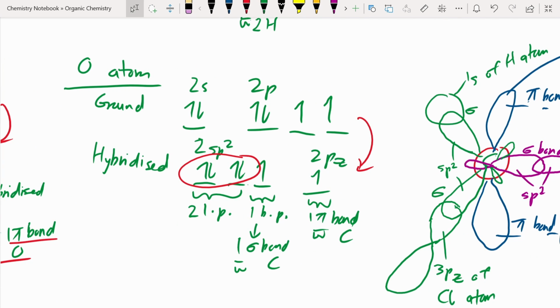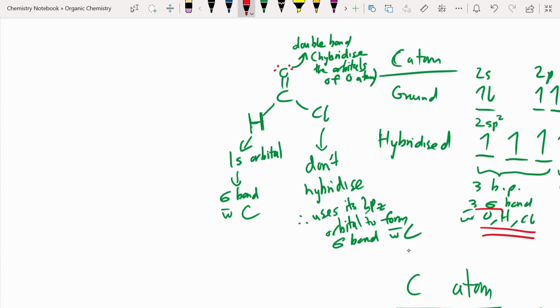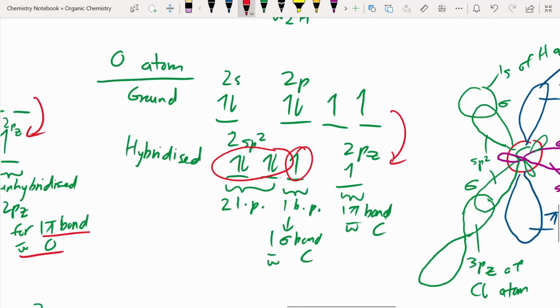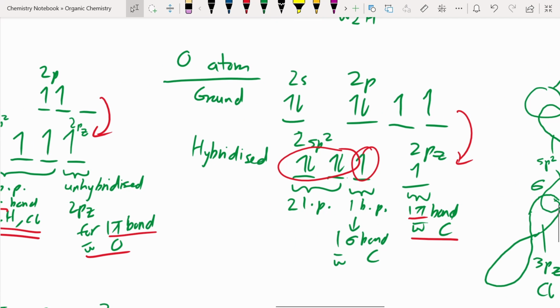Then one of the half-filled orbitals is used to form a sigma bond with carbon. So 1 sigma and 1 pi. The unhybridized orbital will be used to form your pi bond with your carbon.